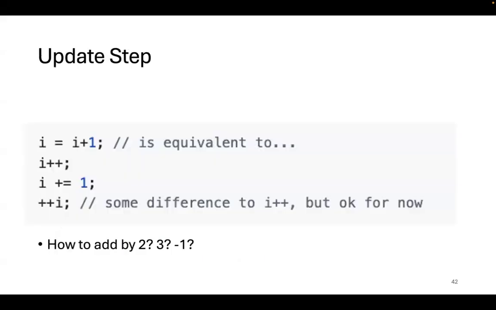For update, we've got some possibilities. In the first image, I just had i equals i plus 1. That's updating i plus 1 and reassigning it. You can also do i plus plus, which just adds 1 to i. You can also say i plus equals 1 or plus plus i.